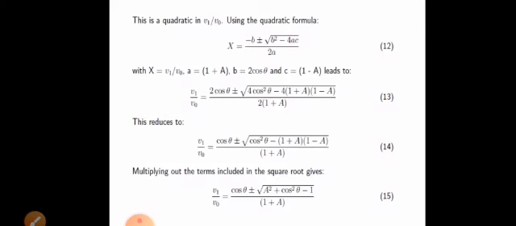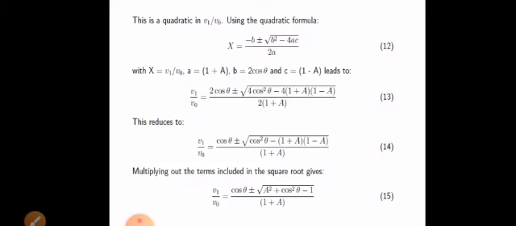So applying that in equation number 12, you will be getting the solution as v1 by v0 is equal to 2 cos theta plus or minus square root of 4 cos square theta minus 4 into 1 plus a into 1 minus a, all divided by 2 into 1 plus a. You will be clear when you write this derivation separately.